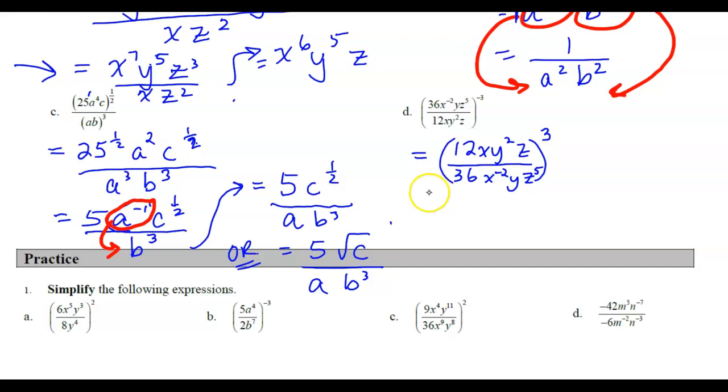Okay, so now I'm going to simplify within this. So this first step is to deal with that negative exponent. If I reduce now, I know that 12 goes into itself once, into 36 3 times. And then I deal with the variables. So x to the 1 divided by x to the negative 2 is it x to the negative 1 or 3? 3.